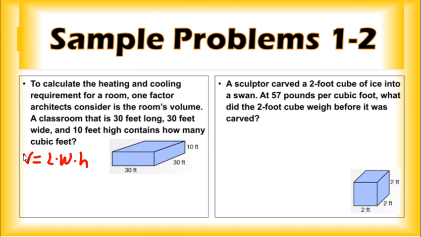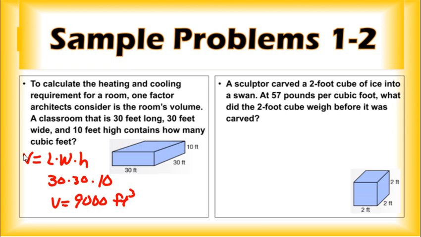The base in this case would be a square. So length times width would be 30 times 30, and then the height is 10. So 30 times 30 is 900. 900 times 10, the volume would be 9,000 cubic feet.